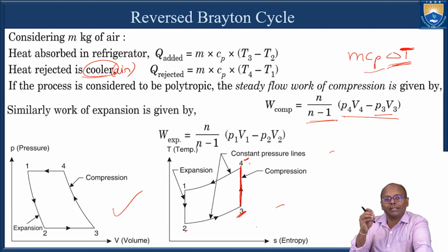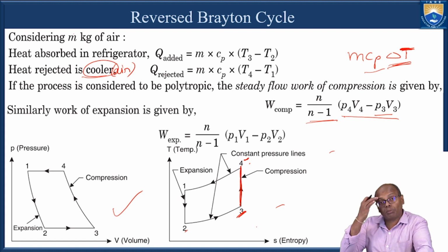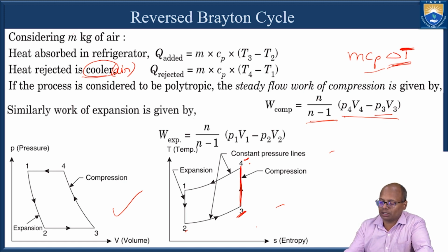So the polytropic work, if we consider a polytropic process, which is the actual process, is given by n by n minus 1 into P4 V4 minus P3 V3: the outlet pressure and volume, and the inlet pressure and volume.